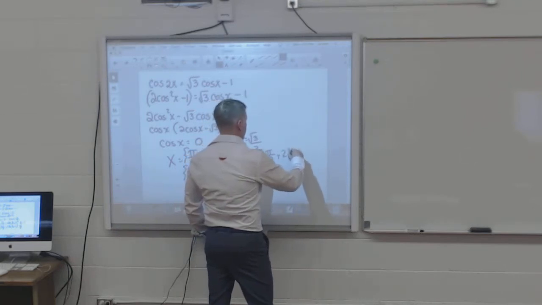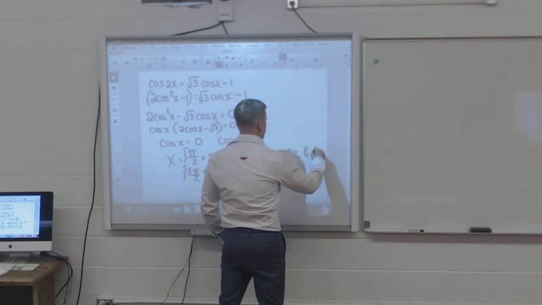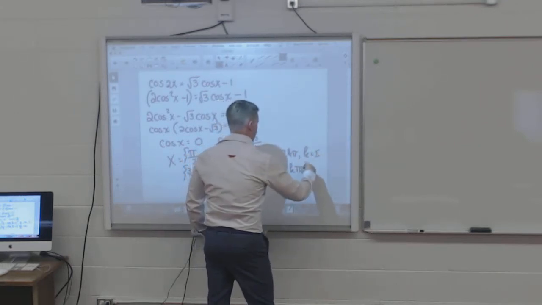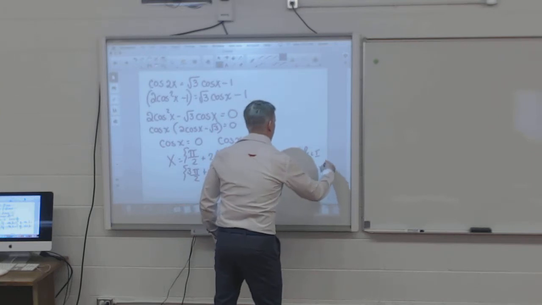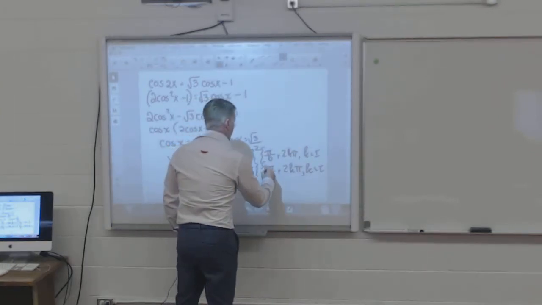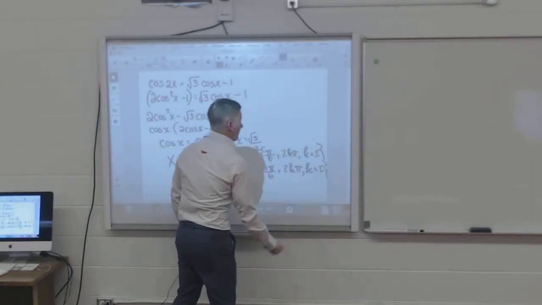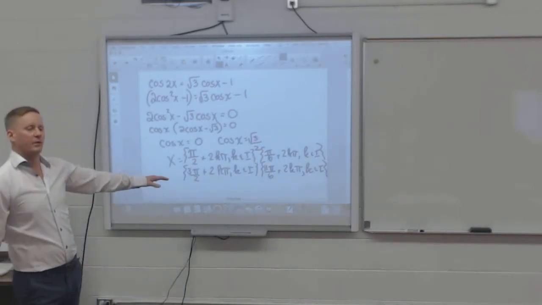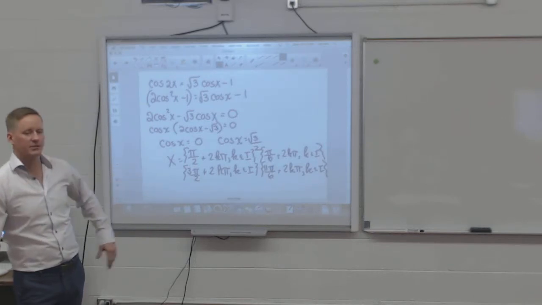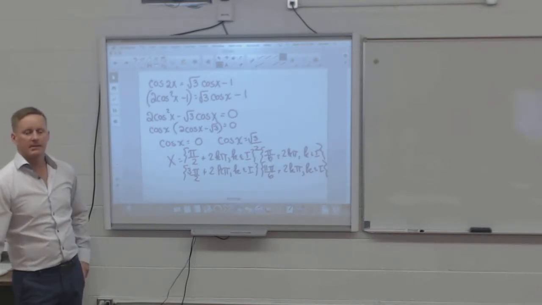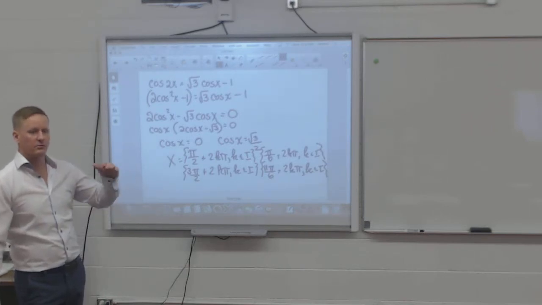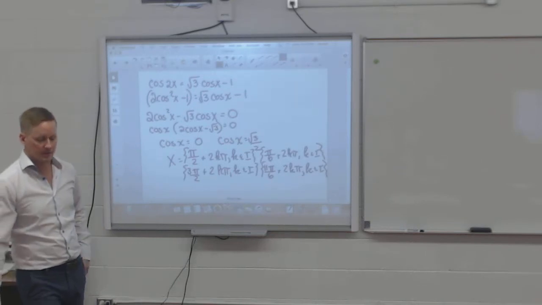And then I do the same thing: plus 2k pi, where k is an integer. I do that all the time. Even though I know the shortcuts, I still go plus 2k pi each time, because then you don't have to overthink things. Just do the same thing all the time and you won't make mistakes.